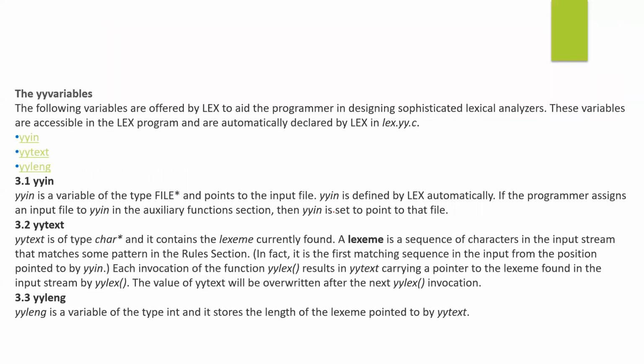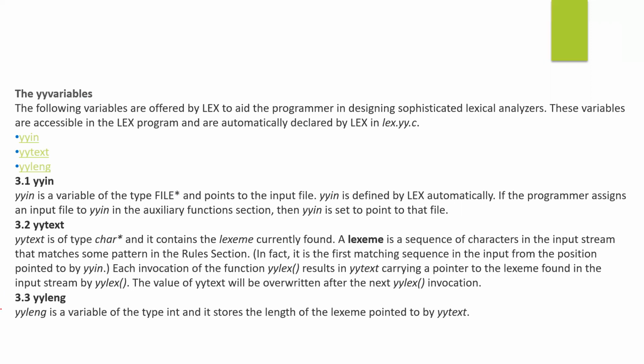Next, there are yy variables present in Lex. The following yy variables are offered by Lex to aid the programmer in designing sophisticated lexical analyzers. These variables are accessible in the Lex program and are automatically declared by Lex in lex.yy.c.